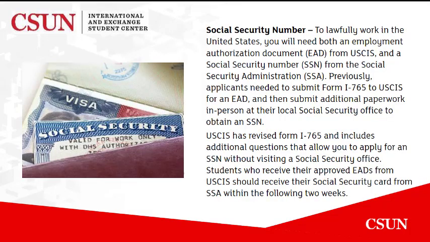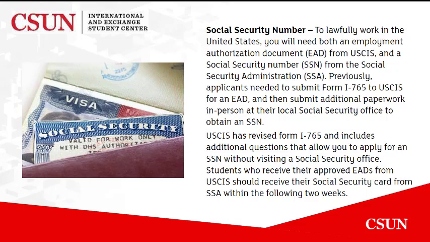Social Security number. To lawfully work in the United States, you will need both an employment authorization document from USCIS and a Social Security number from the Social Security Administration. Previously, applicants needed to submit Form I-765 to USCIS for an EAD and then submit additional paperwork in person at their local Social Security office to obtain an SSN.